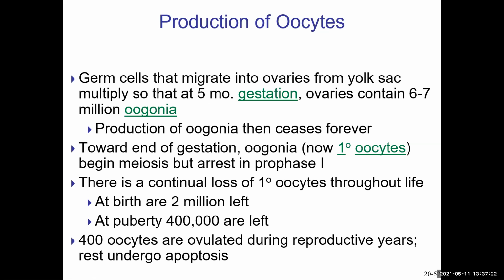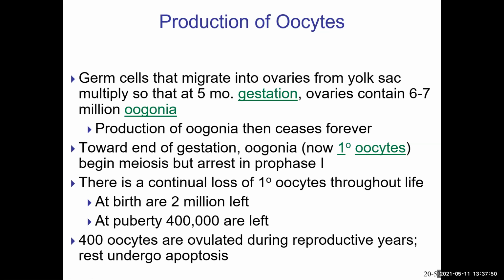Then what happens? That's the time you get 6 to 7 million oogonia, then production ceases forever. No more oogonia. Towards the end of gestation, that means the 38th week, oogonia become primary oocytes. Are primary oocytes diploid or haploid?